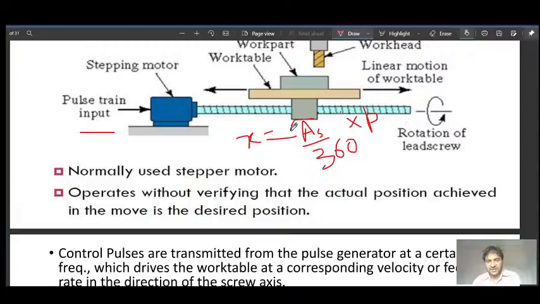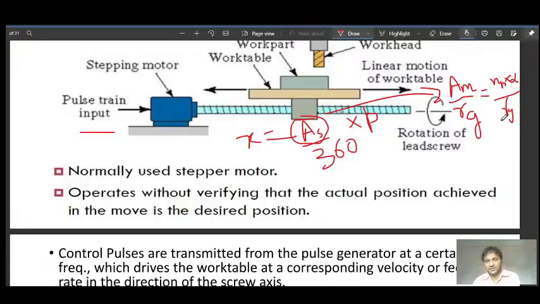If you remember the as value, how we have calculated am and divided by rg, correct? And if you remember the am value, we have this number of pulses np and alpha divided by again rg, correct? So we use these two values, putting it, and let's find out the x position value.